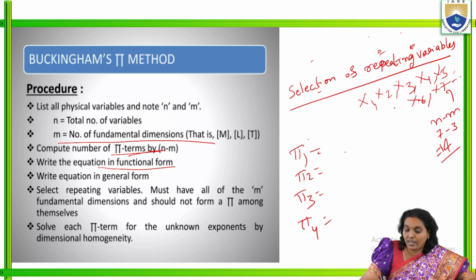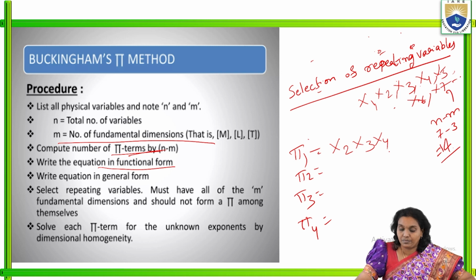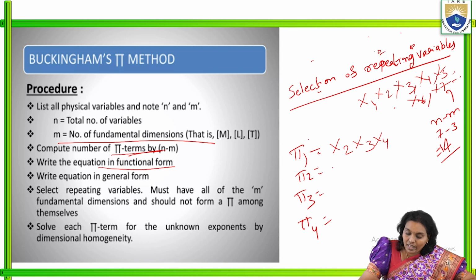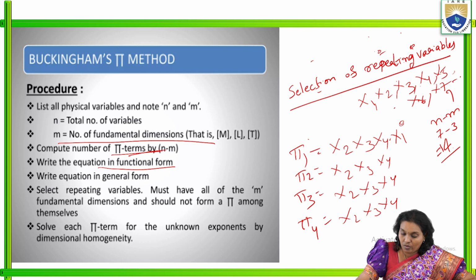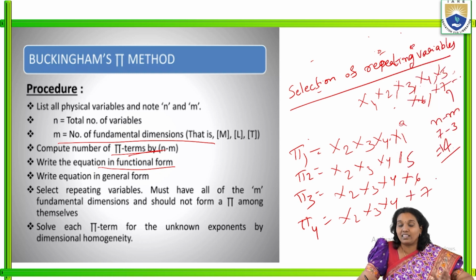Now the repeating variables we have to select, for example x2, x3, x4. These repeat everywhere, x2, x3, x4, and the remaining ones, x1, x5, x6, x7, each to some power, we have to write like that.